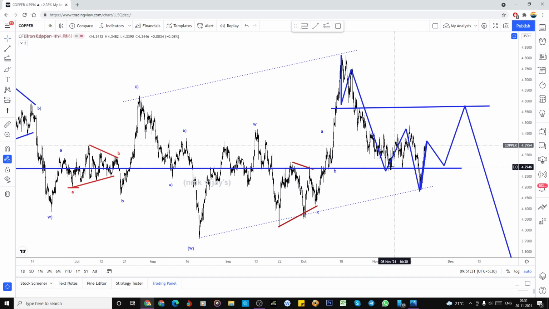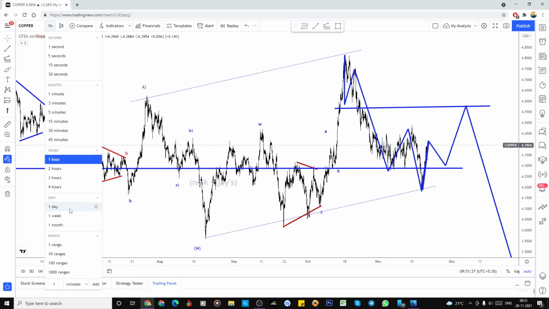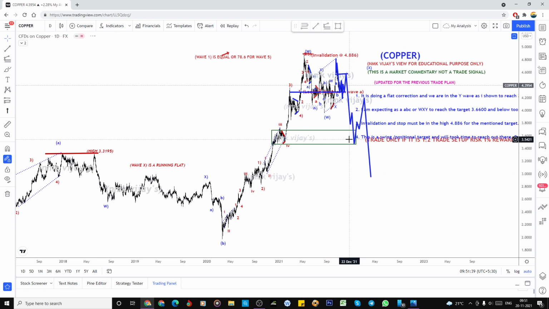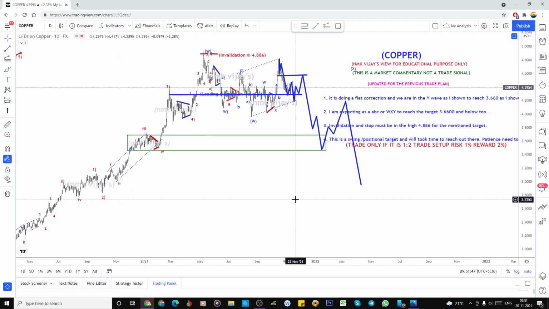See, I already expected this, right? I already informed that copper does a 90% retracement. That is the character of copper, and it did exactly the same. So what we are expecting is happening, which means we are in the right direction with the market. We have to always be a friend with the market.